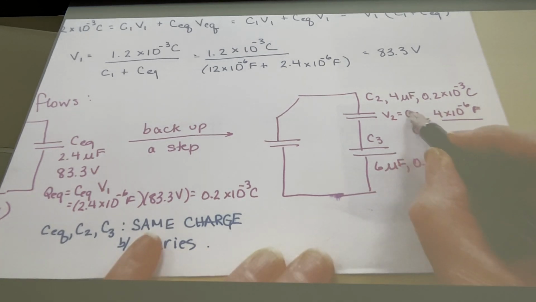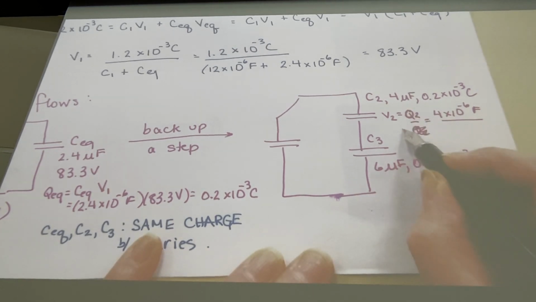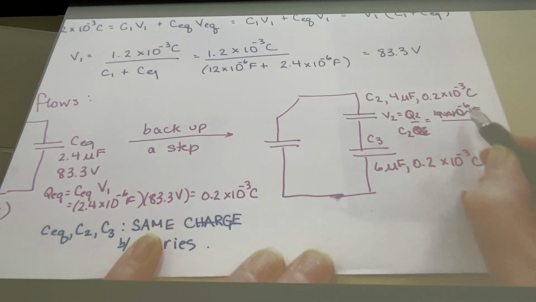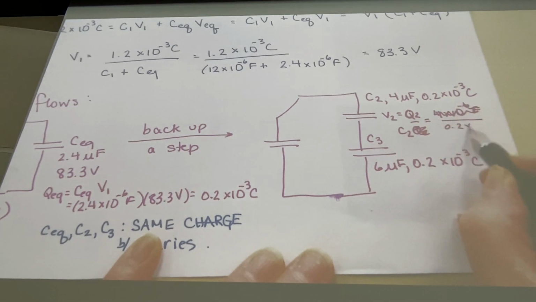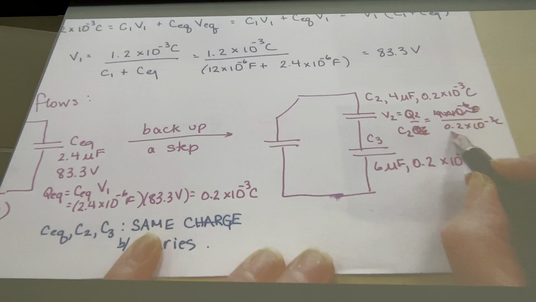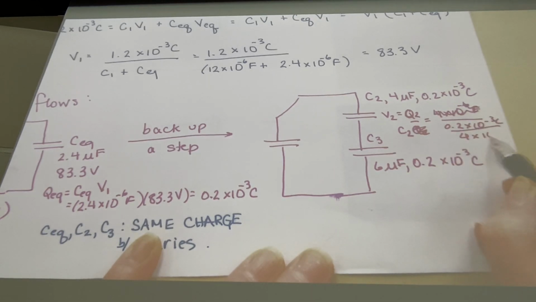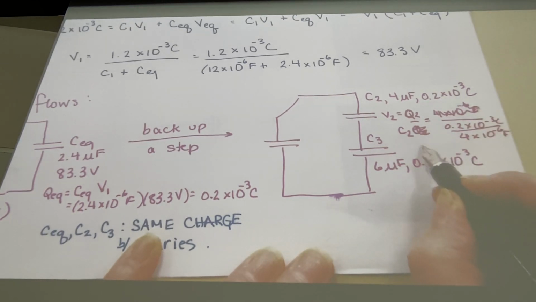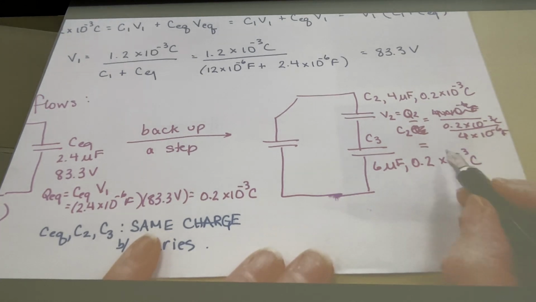Oh my goodness, I'm sorry, that should be Q2 over C2. 0.2 times 10 to the minus 3 coulombs divided by 4 times 10 to the minus 6 farads. So this potential is 50 volts.